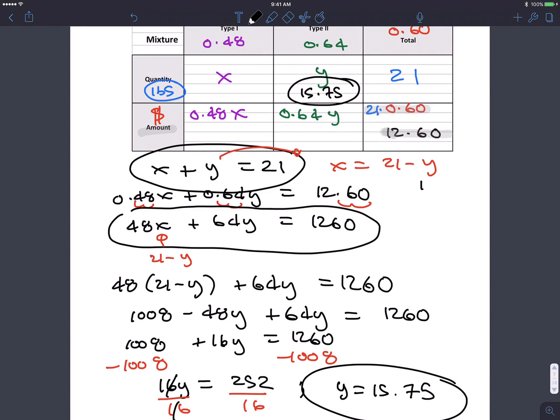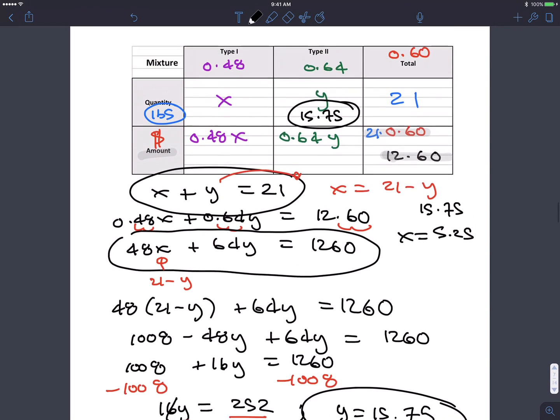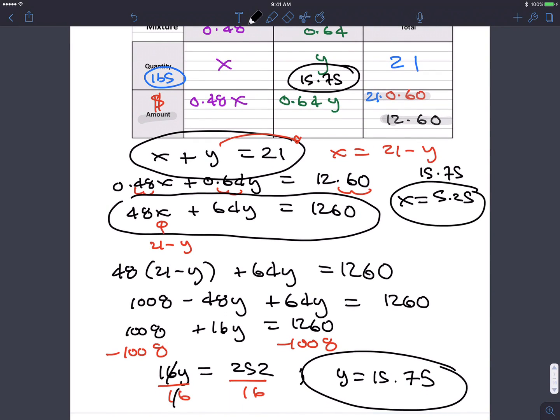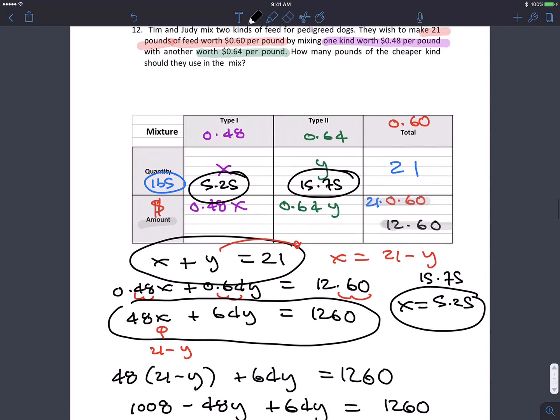And what that implies then, if this is 15.75, we'll get x being 21 minus 15.75, which gives us 5.25 pounds, sorry, 5.25 pounds. So 5.25 pounds for type 1.